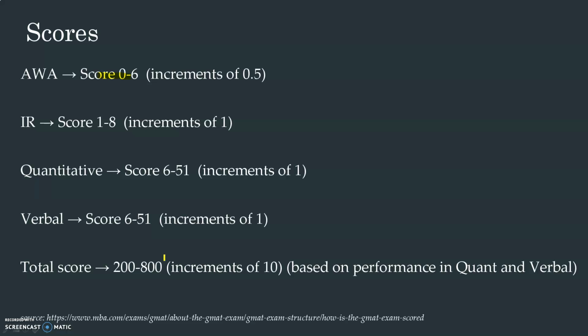You hear people talking about a 700 or a 720 or a 750. So that's the total score that is based on the performance in quant and verbal only, right? So what you do in quant and what you do in verbal will collectively be scored on a scale of 200 to 800. And you will separately get a score for AWA and for IR as well. Right? So all this detail is what is contained in your official score report.